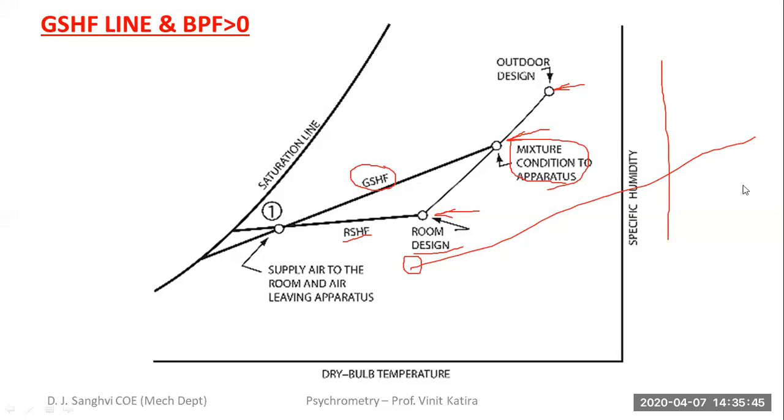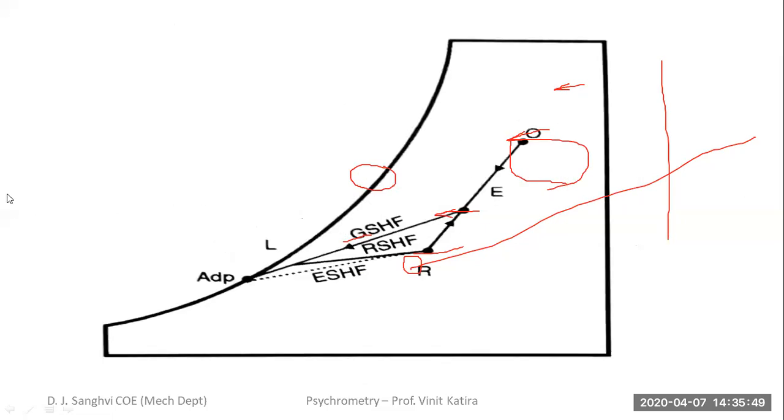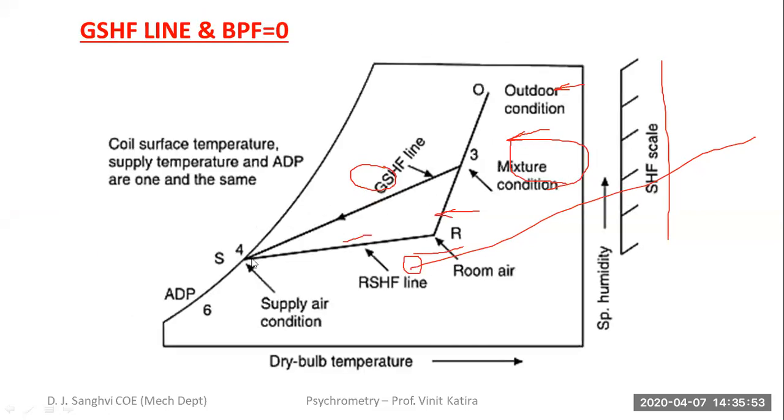In the first condition where the bypass factor was 0, for drawing the GSHF line we directly connected point 3 to the point where the RSHF line reached, point 4. So in the second case, how do we draw that GSHF line? That is what I'm telling.